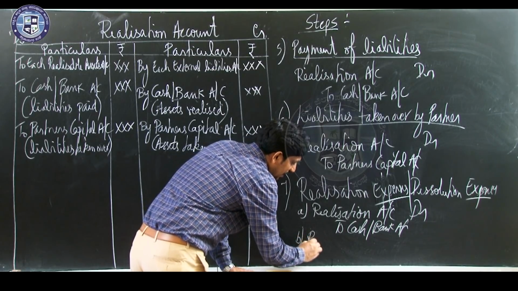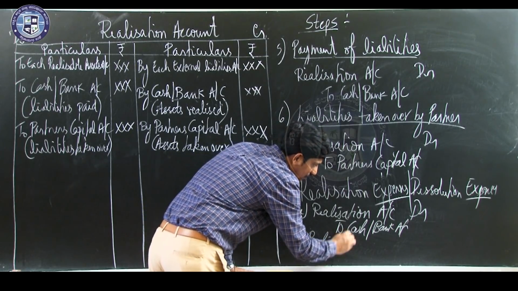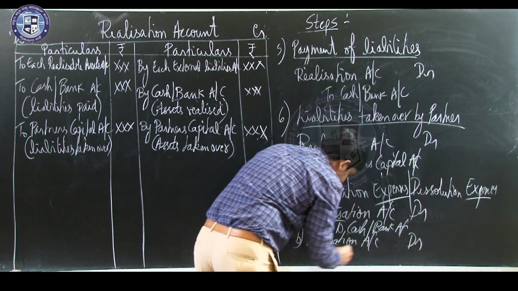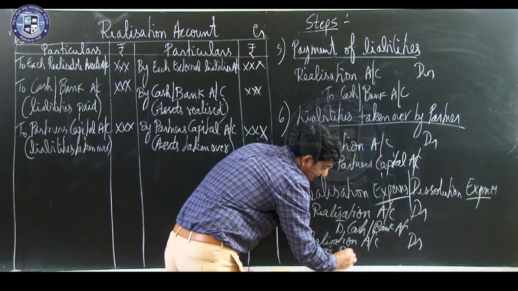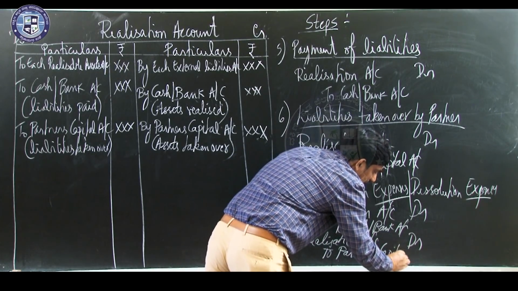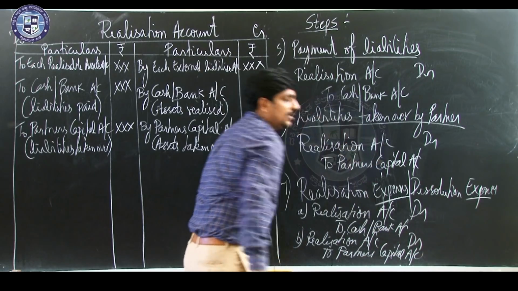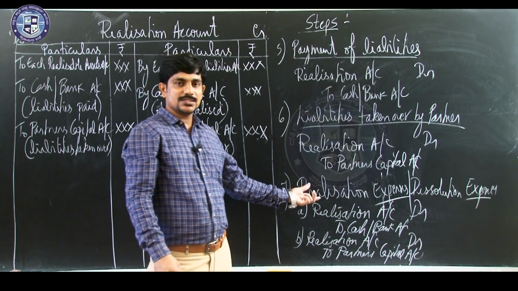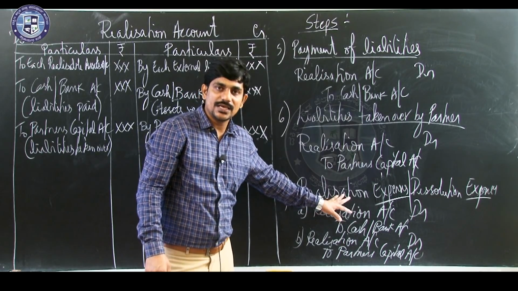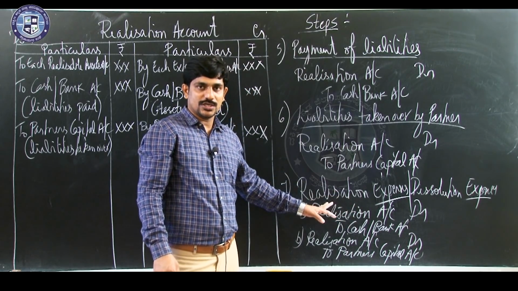At that time, the entry will be realization account debited to partner's capital account. You have to write the name of the partner who has paid the realization or dissolution expenses. This is the last entry you have to pass.